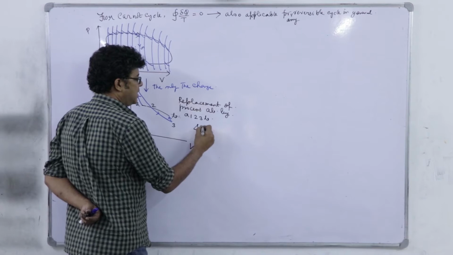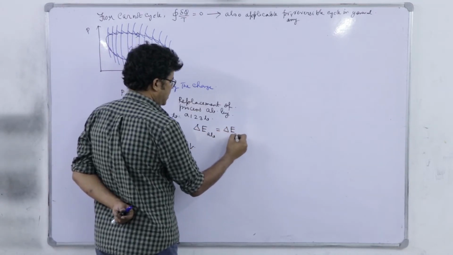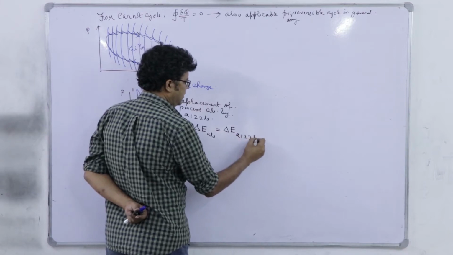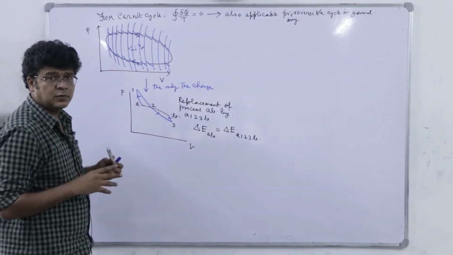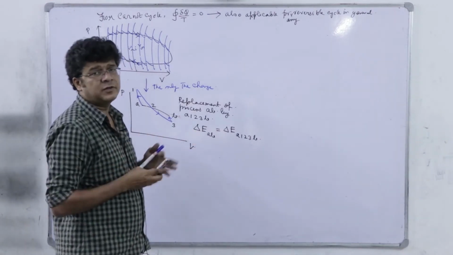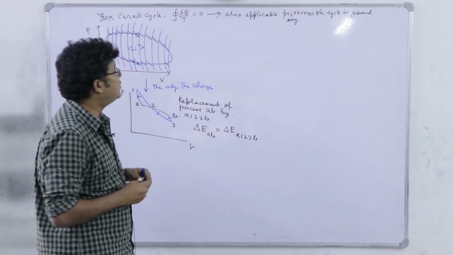Now, delta E AB is equal to delta E A1, 2, 3, B. Next, you see that if I can prove the work done by these two processes are same, then definitely the heat interaction must be same. So, we can do this replacement.